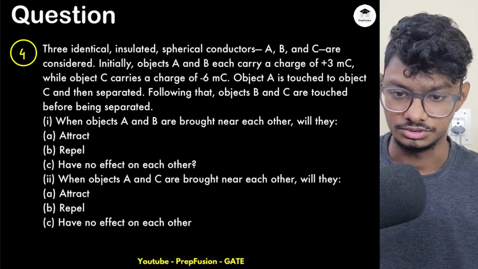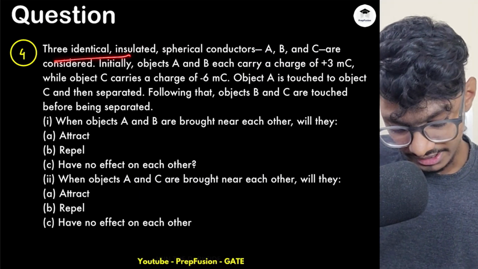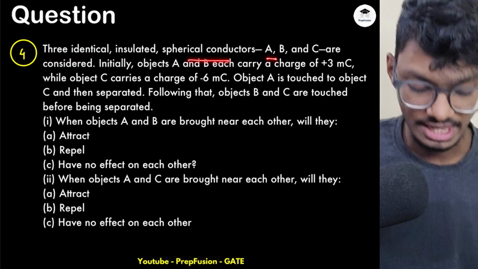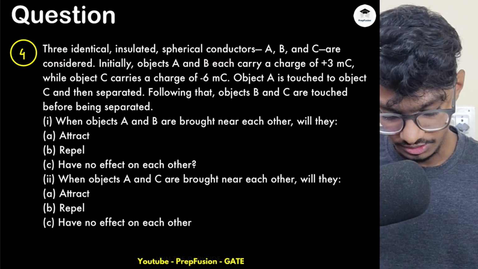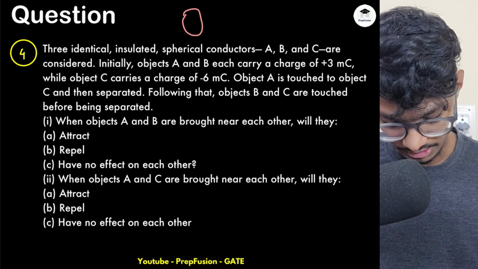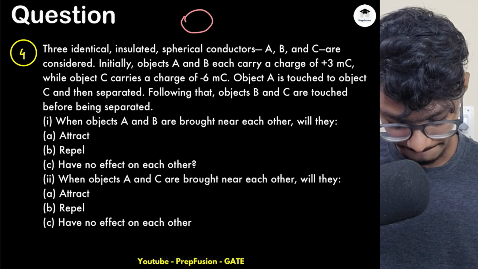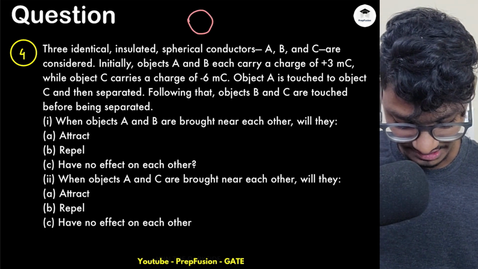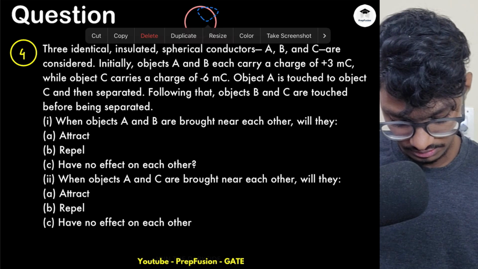Let's come to the fourth question. Three identical insulated spherical conductors are there, A, B and C. These are all spherical.